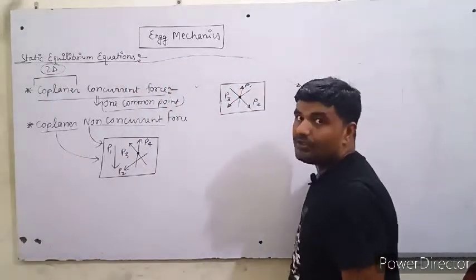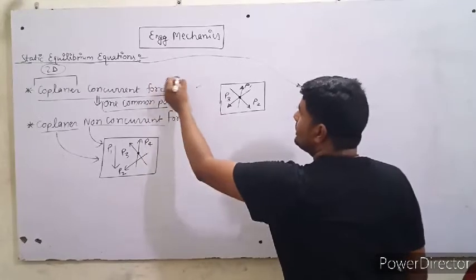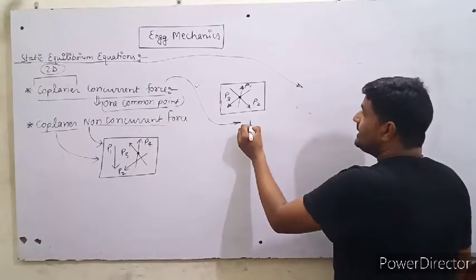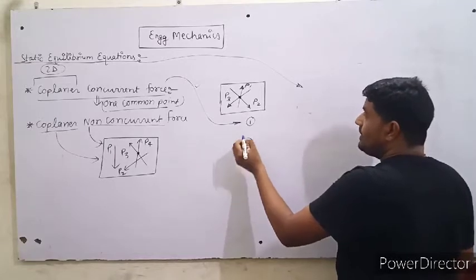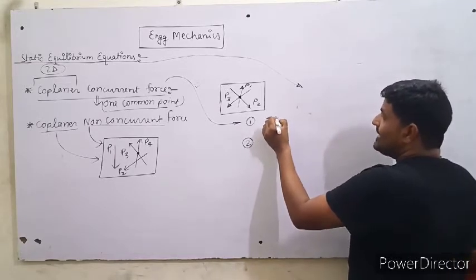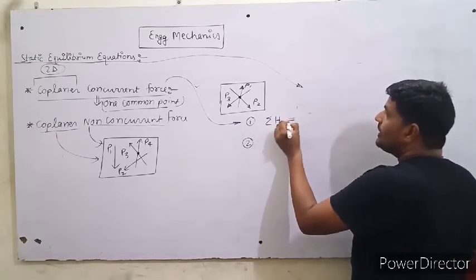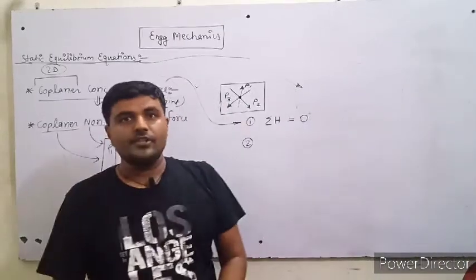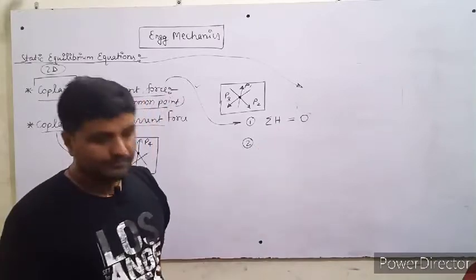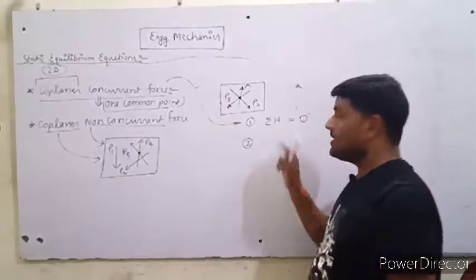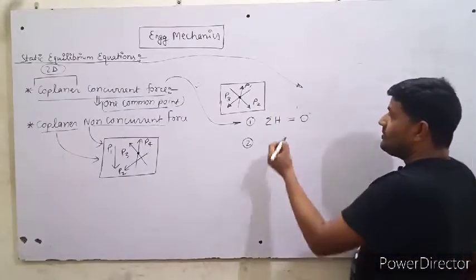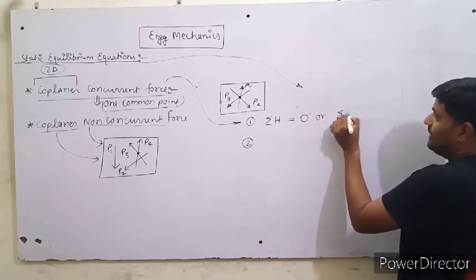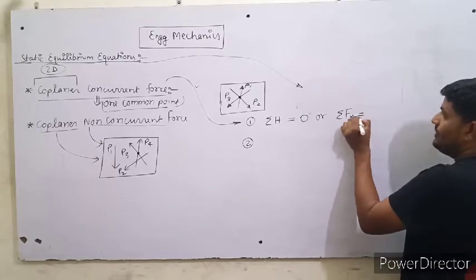If I talk about coplanar concurrent forces, in case of coplanar concurrent forces, there are generally two equilibrium equations. First one is the algebraic sum of all horizontal forces acting on a body should be equal to 0. Here H means summation of all horizontal forces. Some students write sum of H equals 0 or some write sum of Fx equals 0.